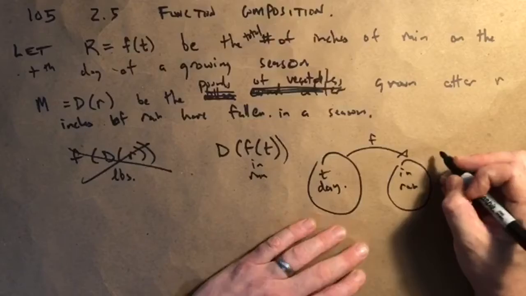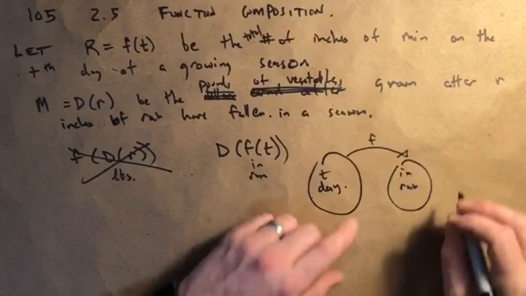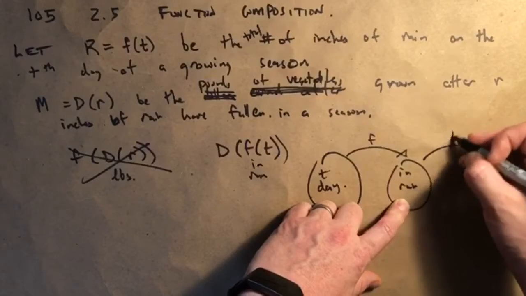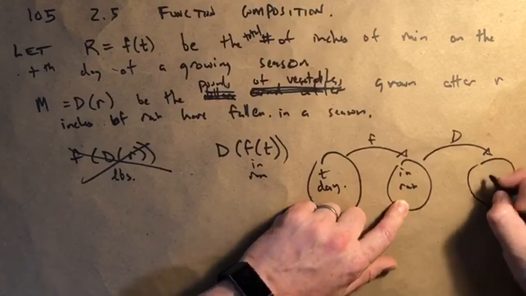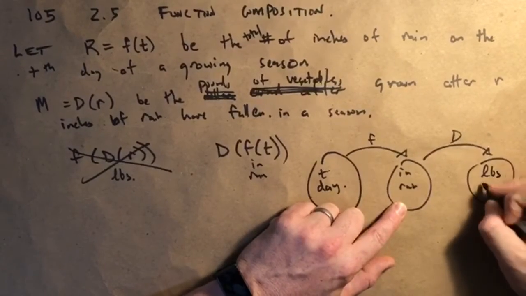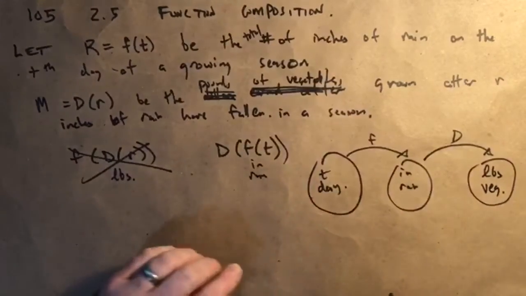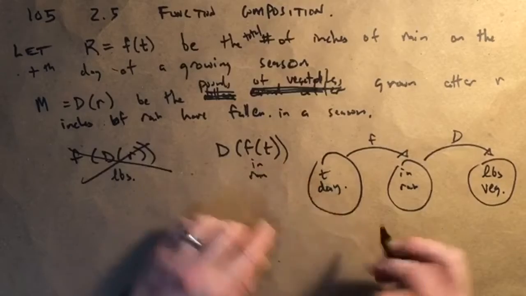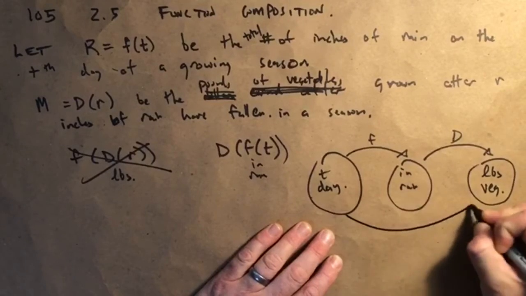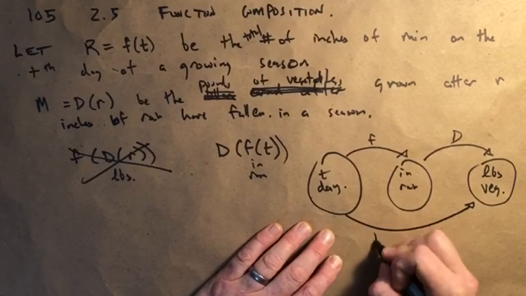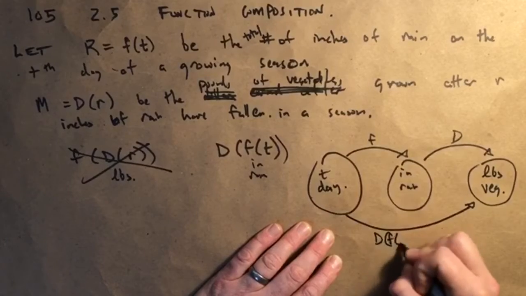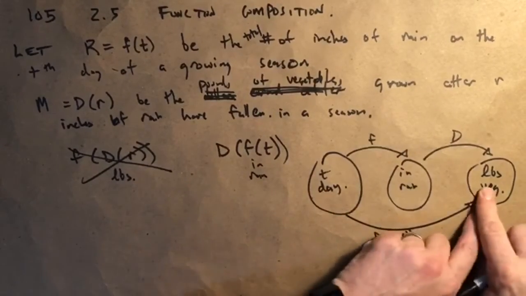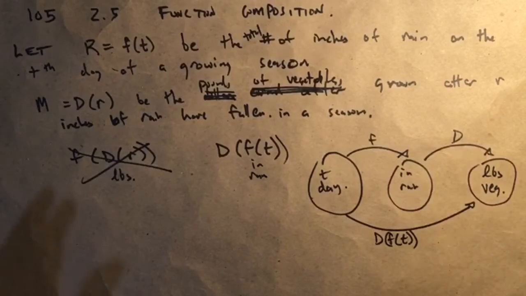We can do the exact same thing with D: we took in some number of inches of rain, and we output some number of pounds of veg. When I compose these things, what I'm really doing is making a brand new function, D of F of t, that takes in days and gives us the number of pounds of vegetables we have.